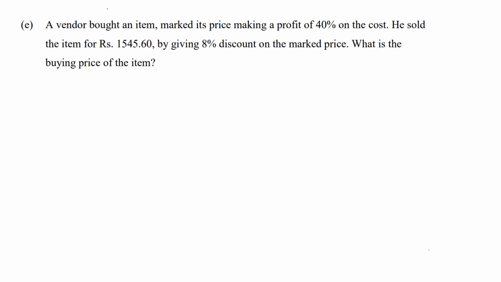A vendor bought an item, marked its price, making a profit of 40% on the cost. He sold the item for 1545 rupees 60 cents by giving 8% discount on the marked price. What is the buying price of the item?